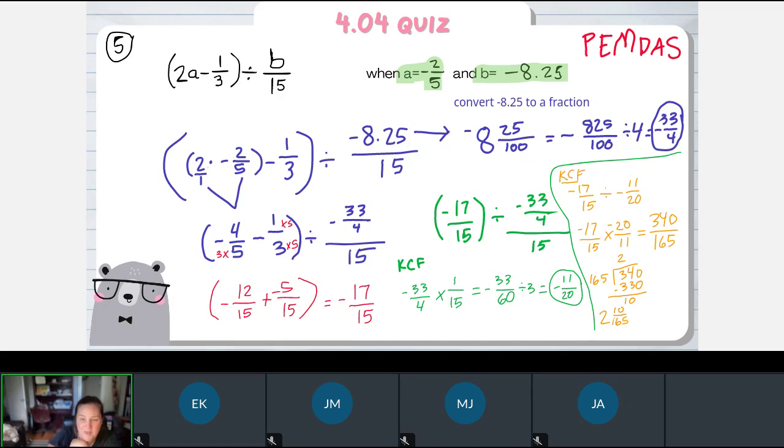However, you can simplify that by dividing by 5. And I'm going to write your final answer in blue down here. It would be 2 and 2 over 33.